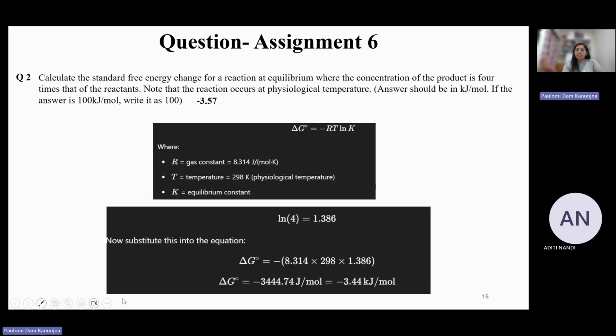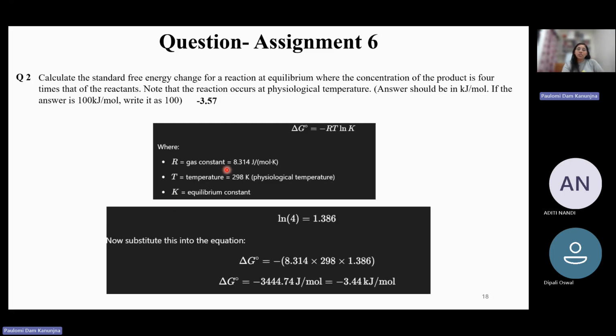Delta G equals minus R, and R we know is the gas constant. I told you that time also, just remember the value: it's 8.314. T has been specified as physiological temperature, which is 25 degrees centigrade, and in Kelvin it is 298 Kelvin. Then we substitute this with the ln 4 value, and when you solve, you get the answer in joule per mole. Why joule per mole? Because the gas constant is in joule per mole per Kelvin, so do not get confused here.